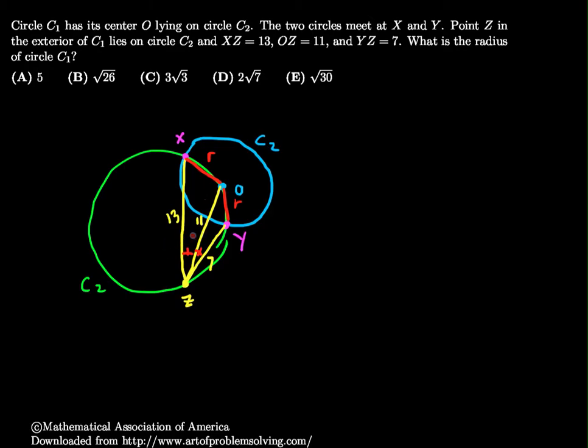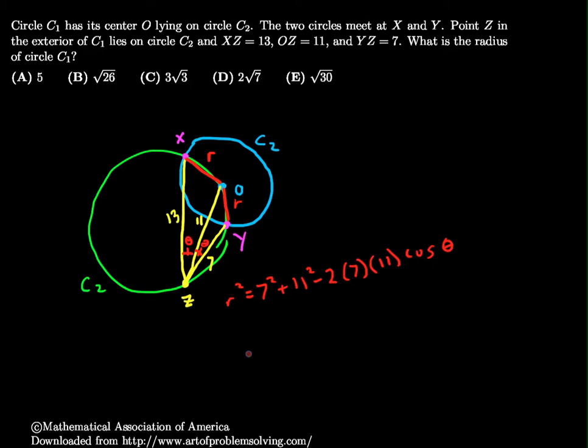And so if I use a little bit of law of cosines to solve this, I know that R squared is equal to 7 squared plus 11 squared minus 2 times 7 times 11 times the cosine of theta.